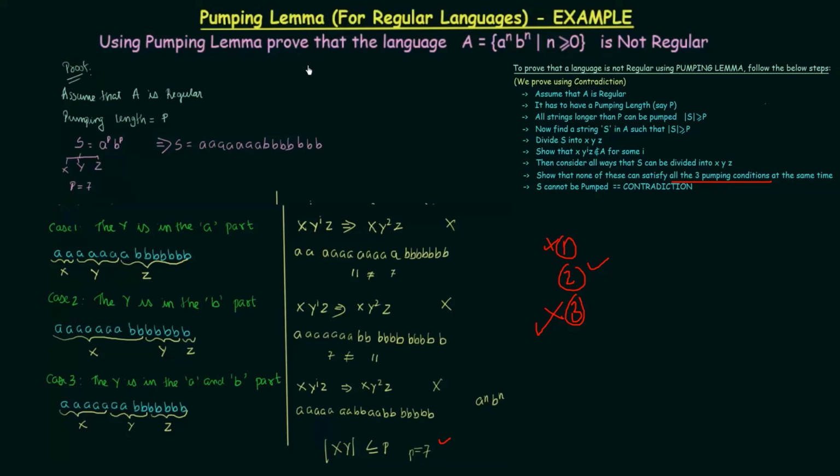So it is moderate to use around 3 to 5 for the pumping length, and then proceed to the proof. And if you can, check before starting whether it is regular or not. If you can be sure that it is not regular, then only proceed with the steps that you have been told.